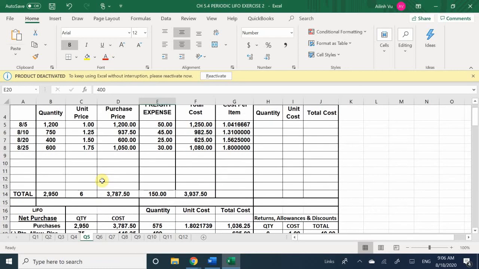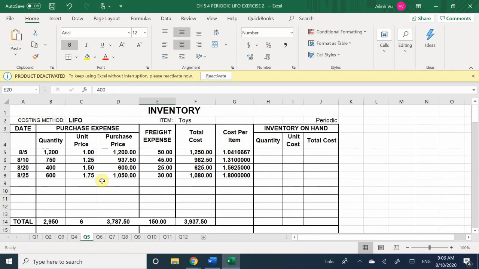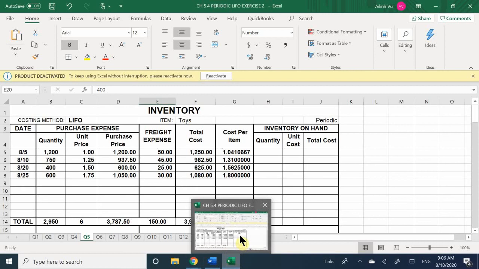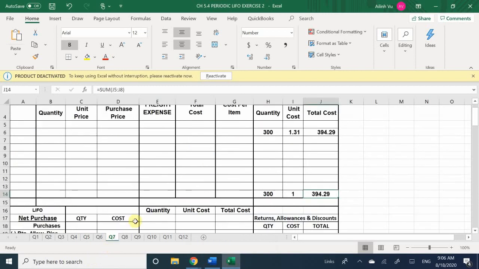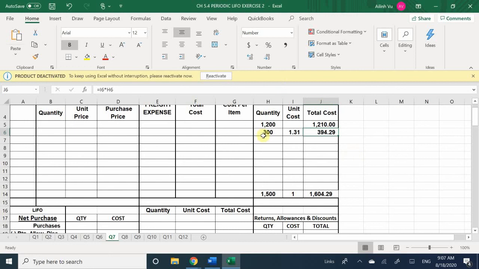Oh, well, no, we just got a 20% discount. Okay, good, for $40. So it's going to be $12.50 minus $40. So here we have 1,200 at 12.50 minus $40.